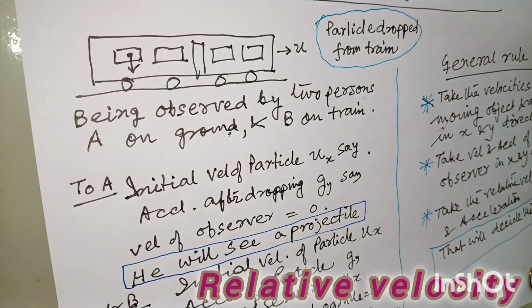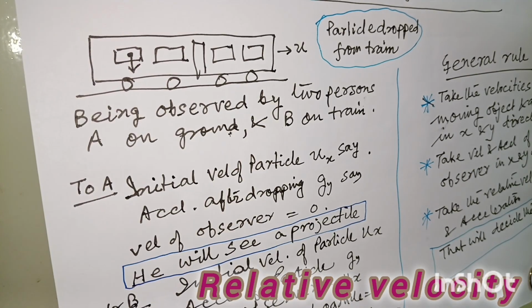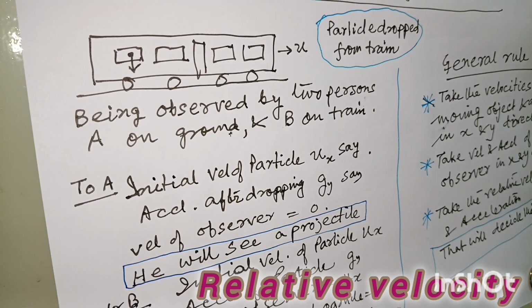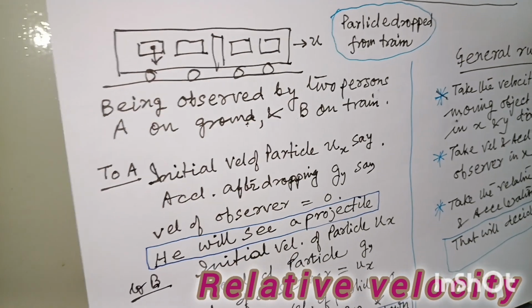Because when we throw something from the top of a tower, it has a horizontal velocity initially and it is affected by g. So it goes down in a parabolic path and it becomes a projectile. So here also the person A will see the particle as a projectile.